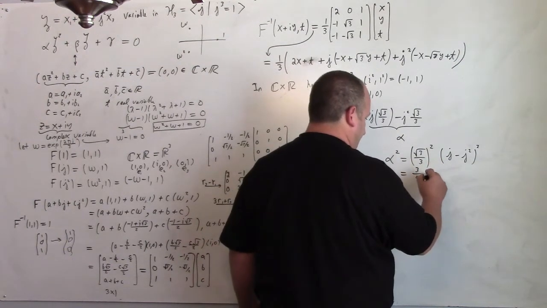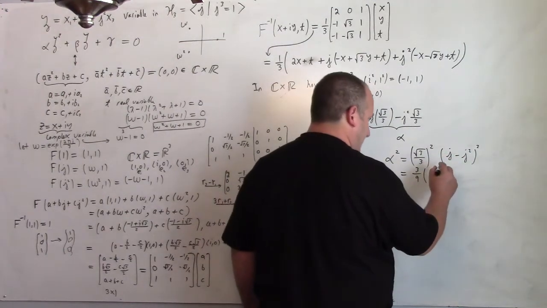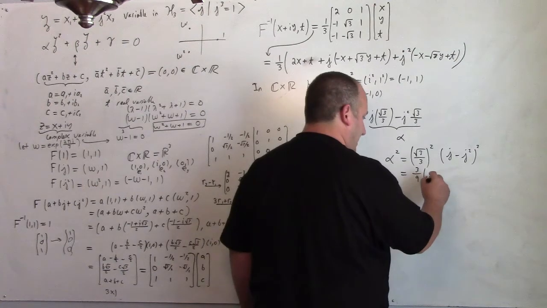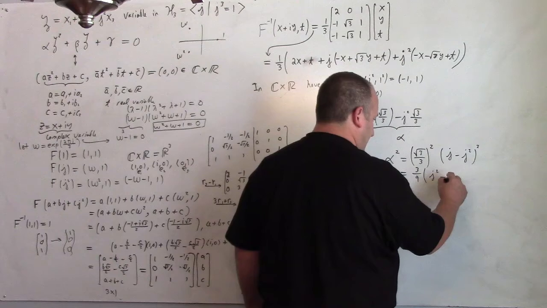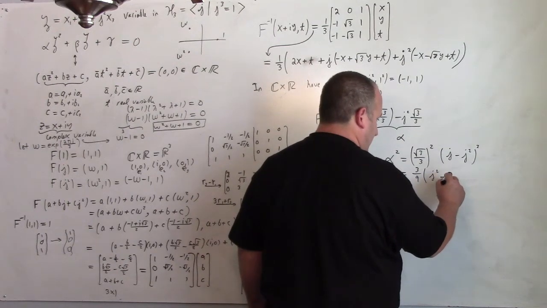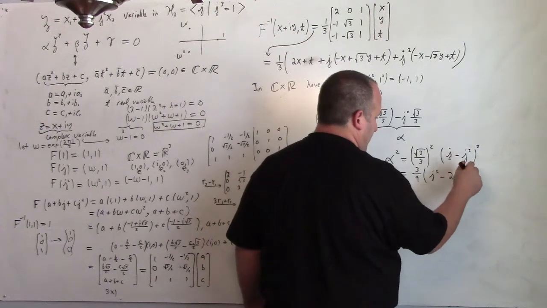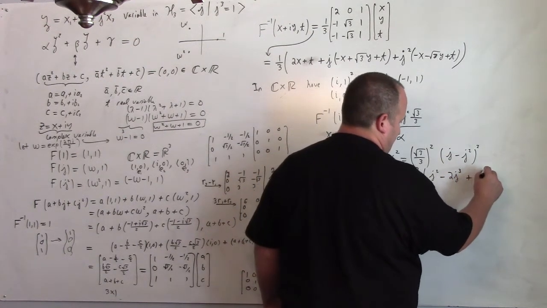That'd be 3 over 9, so that's 1/3, and then j squared first term, j to the 4th, and then 2j cubed, plus j to the 4th.